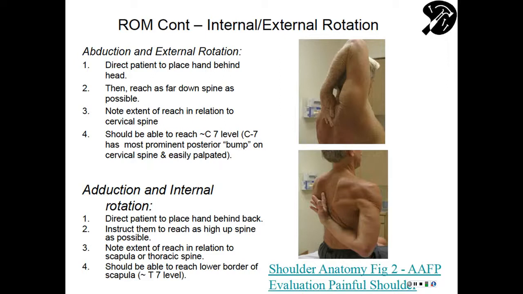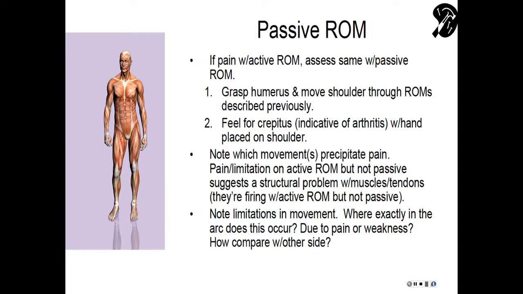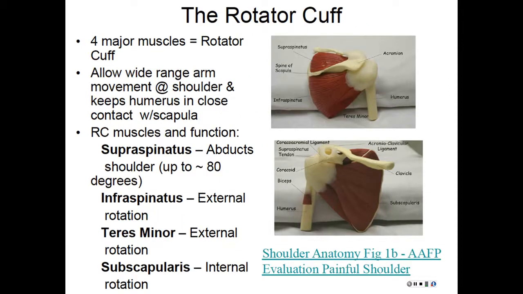Okay, range of motion, internal rotation. This is another way to do it, to see how much can they touch on their back, on their range of motion. What you're looking for more than anything is is it equal bilaterally? Passive range of motion, if pain with active range of motion, assess the same with passive range of motion and see if you can get 5% more on that range of motion.